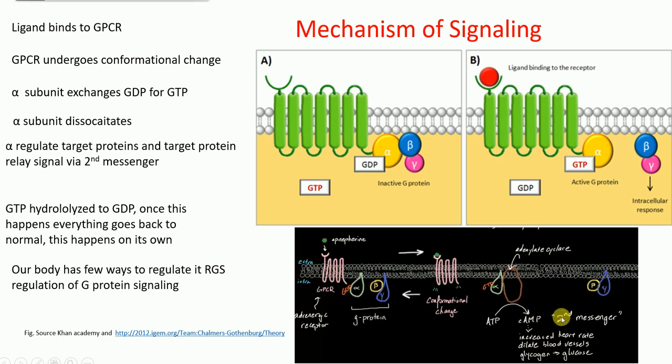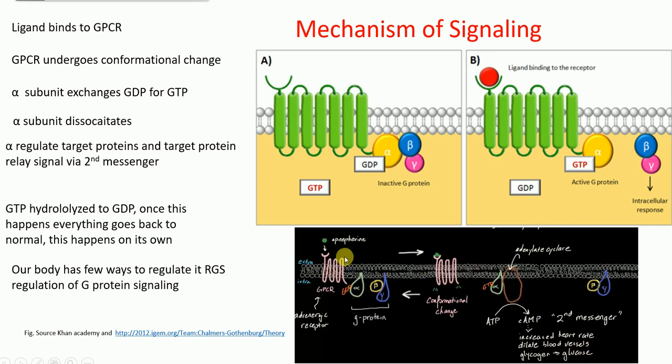This is the second messenger, right? Now when this cAMP level is high, it increases heart rate, dilates blood vessels, and converts glycogen to glucose.